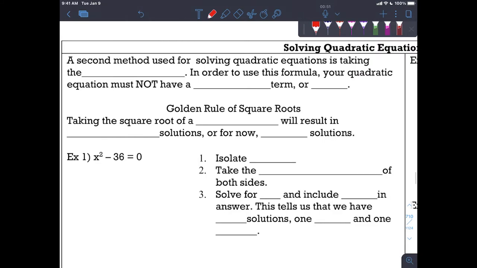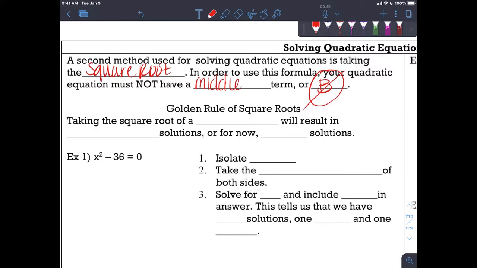So a second method for solving quadratic equations is taking the square root. In order to use this formula, your quadratic equation must not have a middle term, meaning no b. No b value. It's got to be equal to 0. So, the golden rule of square roots, which I don't usually call it that, but okay.